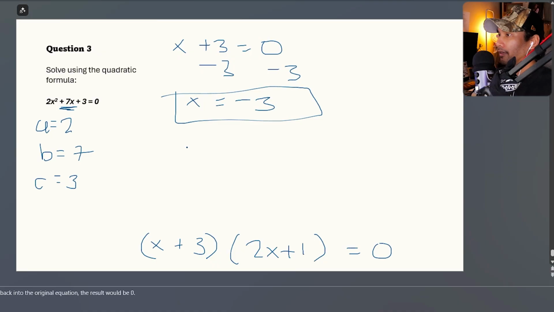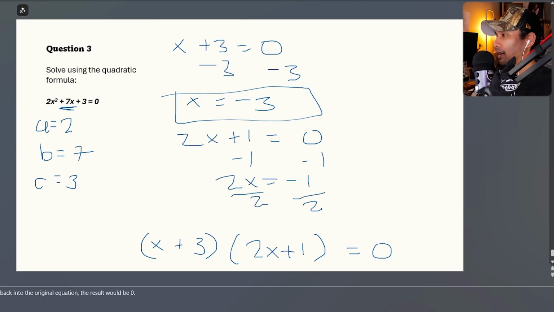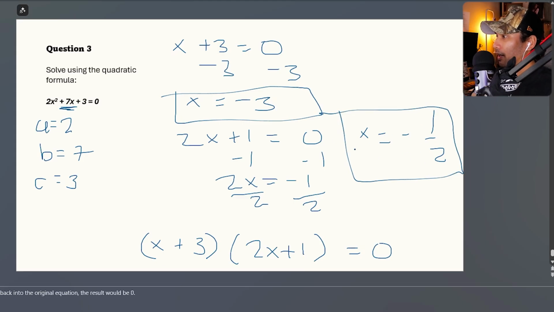Perfect, we found one. Now 2x plus 1 equals 0, minus 1, 2x equals negative 1, divided by 2, and we get x equals negative 1/2. Exactly the same answers that we got when we used the quadratic formula.